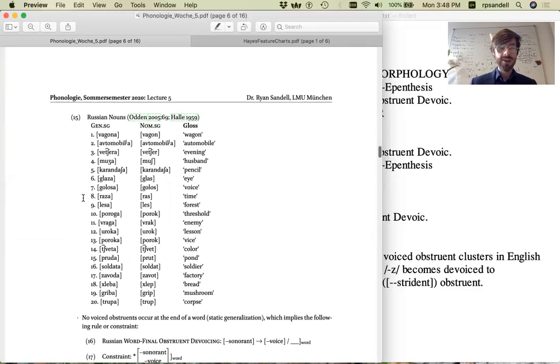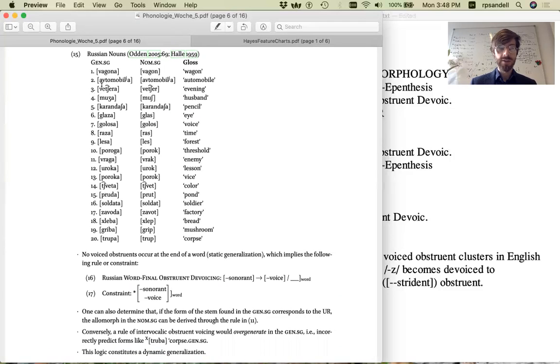So recall in that data that we see in these Russian words given in the genitive singular and the nominative singular case forms, we find alternations sometimes between voiced obstruents, as in pruda, pond in the genitive versus prut, pond in the nominative, or chleba, bread in the genitive versus chleb in the nominative singular.